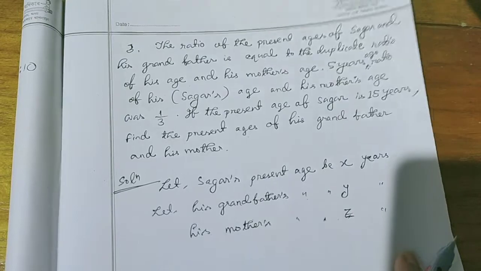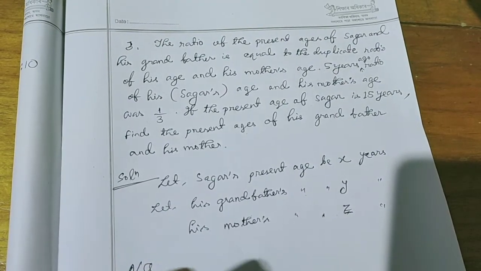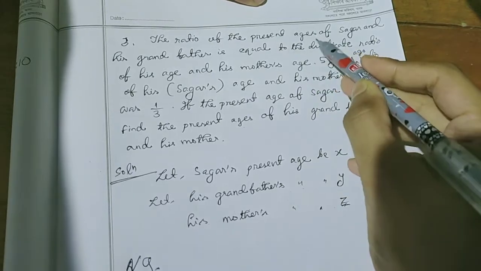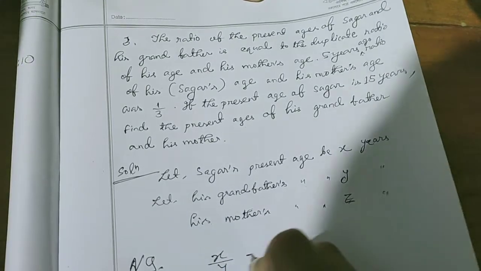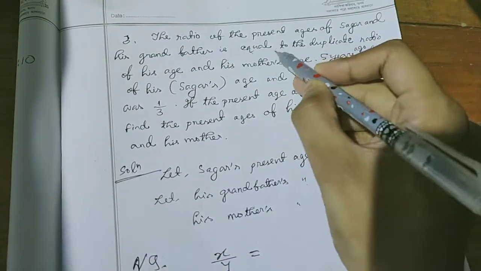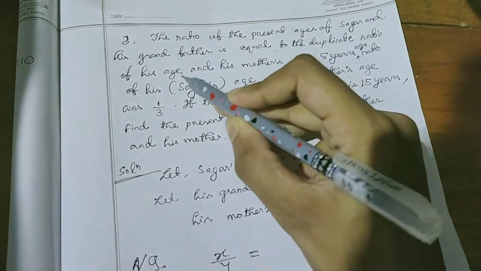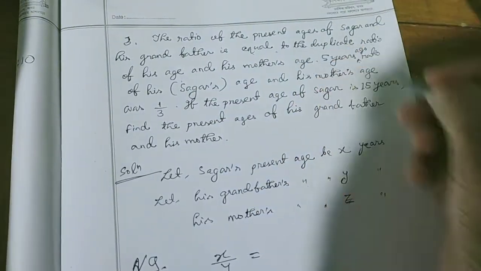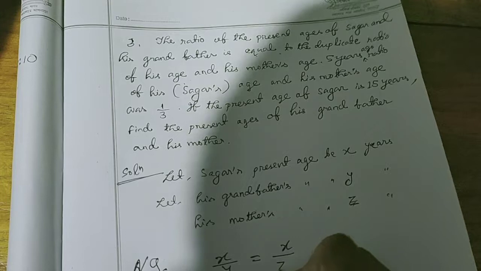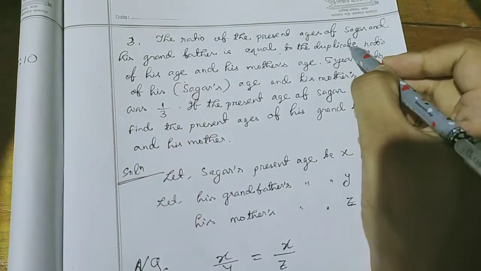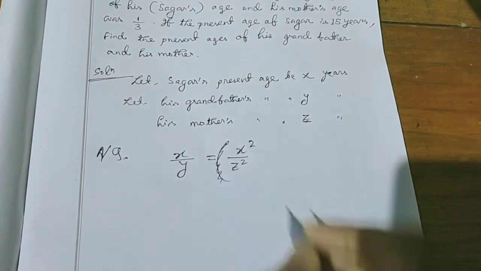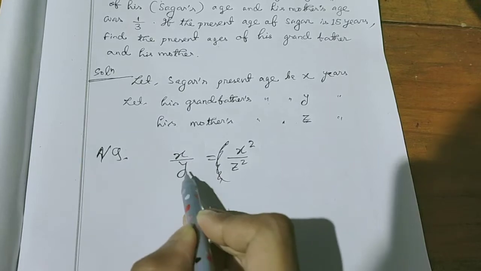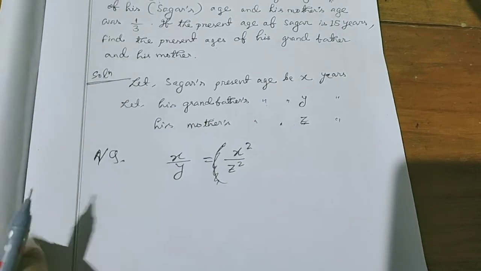Now, according to the question, the ratio of the present ages of Sagar and his grandfather means x by y is equal to the duplicate ratio of his age and his mother's age. The duplicate ratio means square, x square by z square. So according to the question, x by y equals x square by z square.